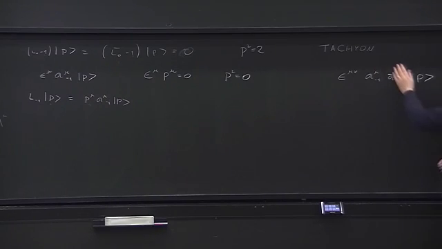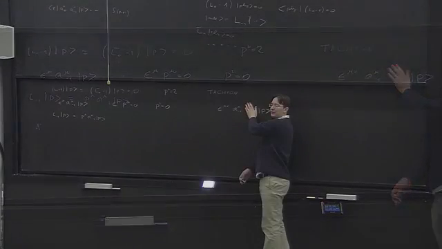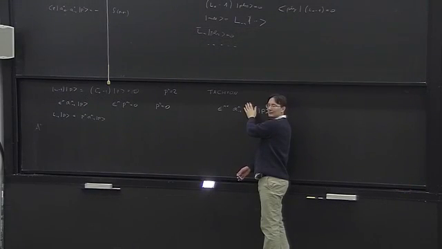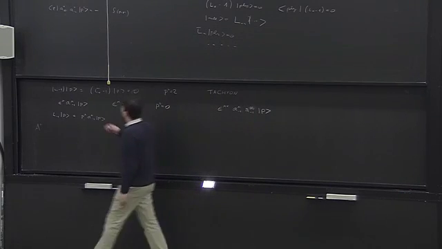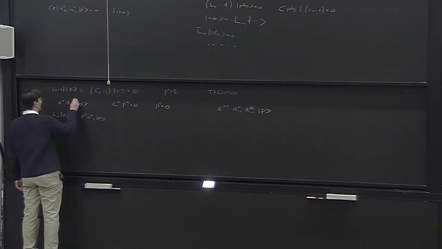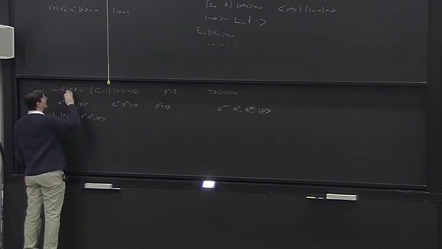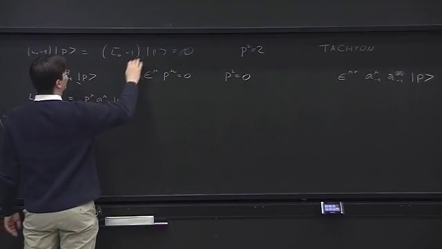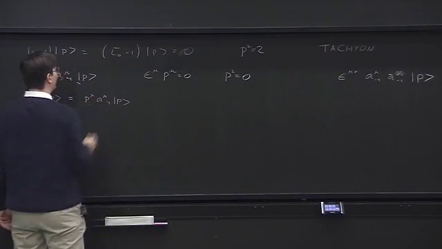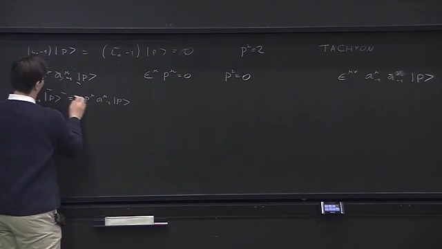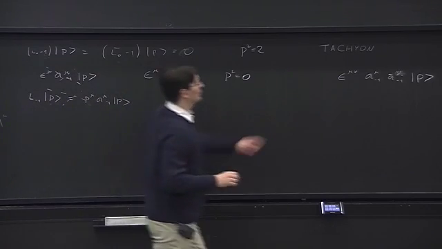I cannot have a state like that, because that would have a different eigenvalue for L0 and L0 bar. So in order to satisfy both L0 minus 1 equal to 0 and L0 bar minus 1 equal to 0, I really need to look at the state like this.